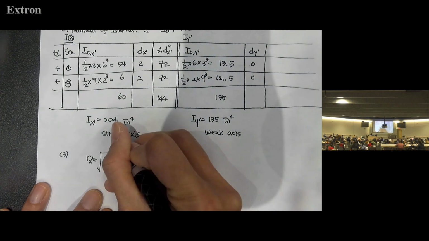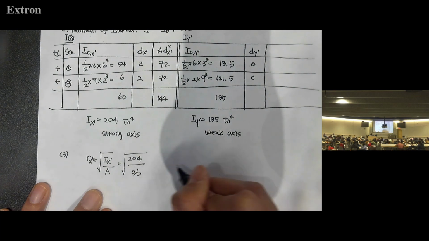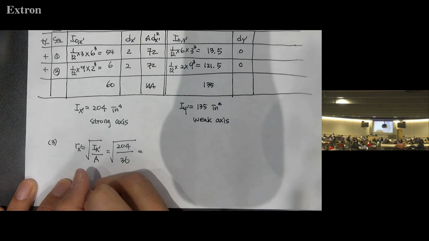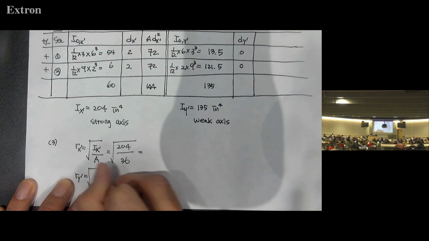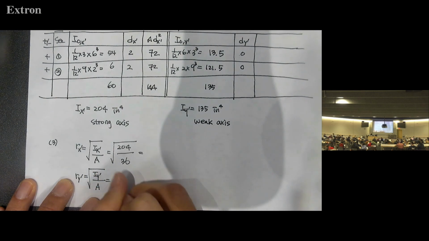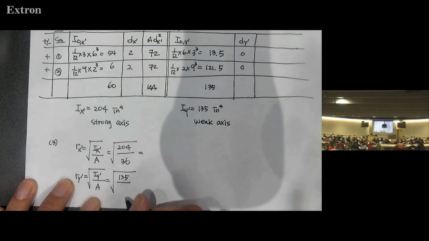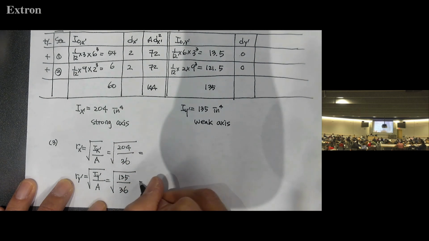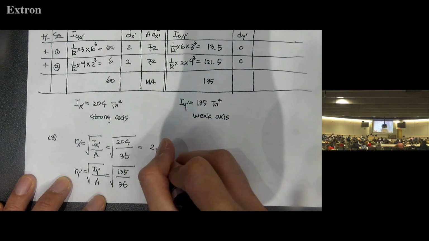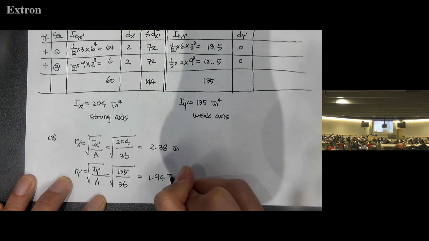So the square root of 204 divided by 36. And then r y prime, same with a different index. We found this 135, and the area is 36. So when you calculate this, it's 2.38 inches and then 1.94 inches.